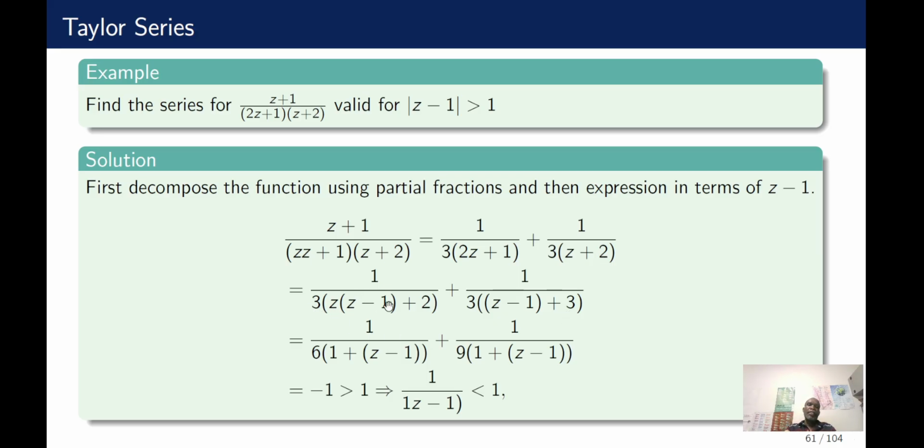Here we subtracted minus 2, so to readjust it, you just add. The 1 that you subtracted here, you just add it to this 2. It becomes 2.